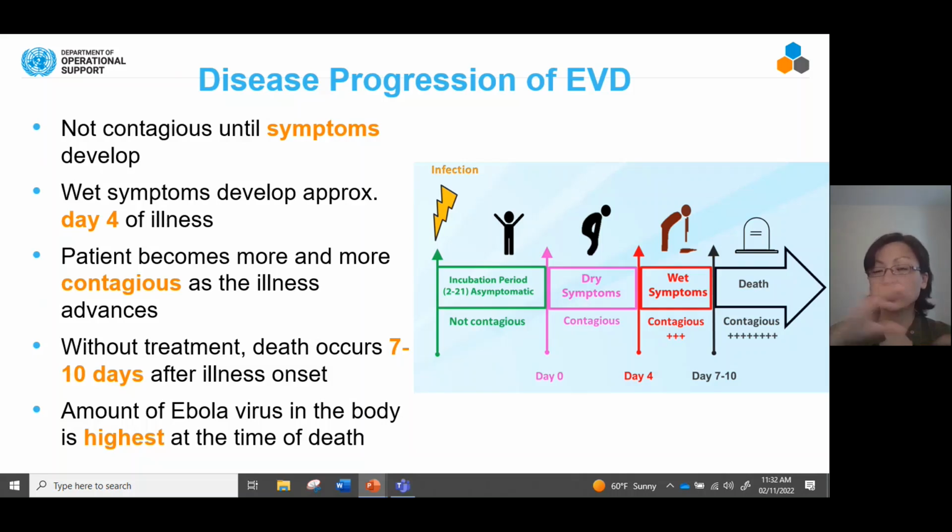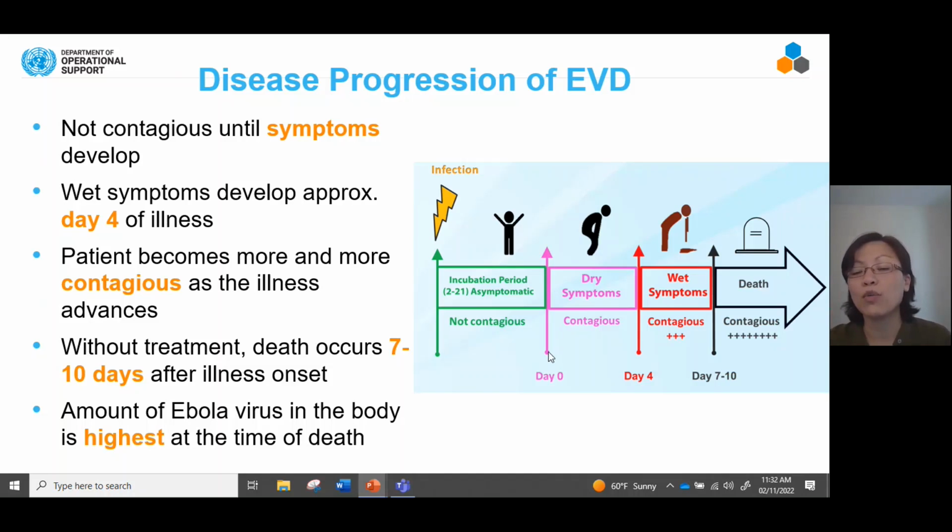How does the disease actually progress? In the beginning, you get exposed, and then there is an incubation period. After you get exposed, you may be incubating the virus, and this is a period when you have no symptoms and you're not contagious either. This incubation period is between 2 days to 21 days.